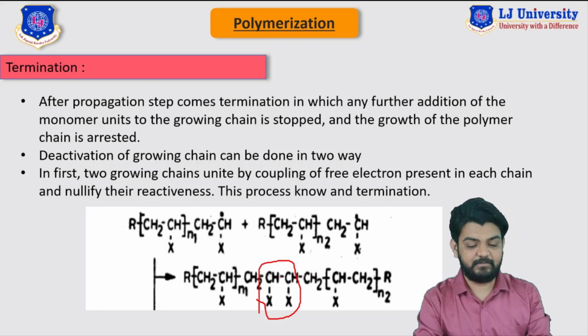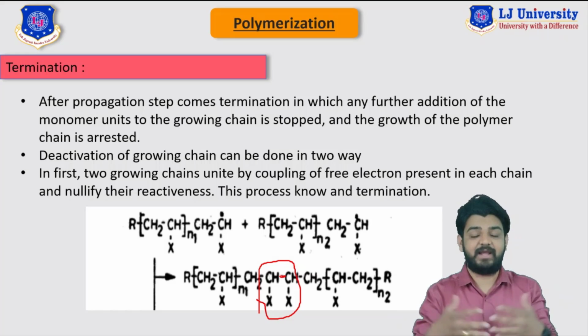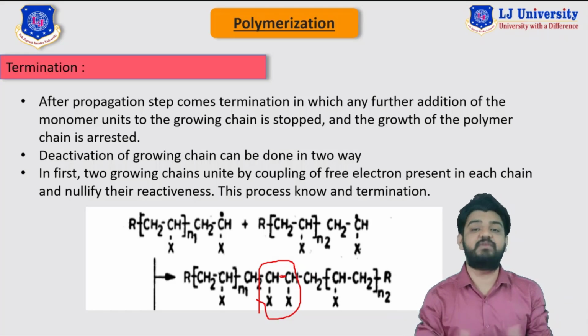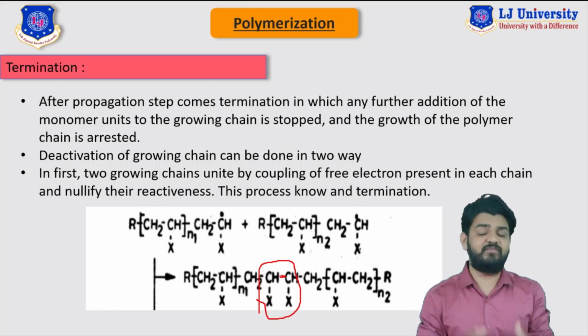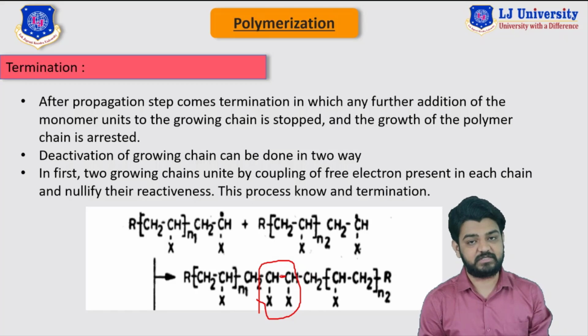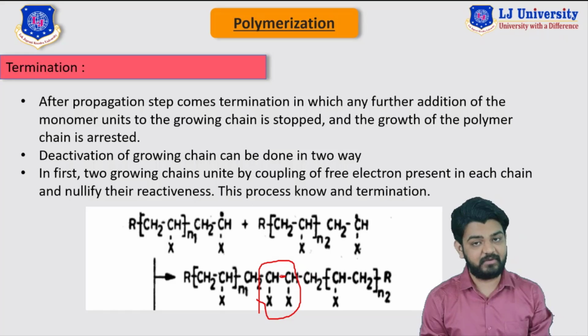Both have joined together with this bond shown by the red line. This is nothing but the termination step, in which two growing chains of polymer come together and join each other by donating one free radical, or free electron. In this manner, we can arrest and stop the polymerization process. So this was the first method by which we can achieve termination.